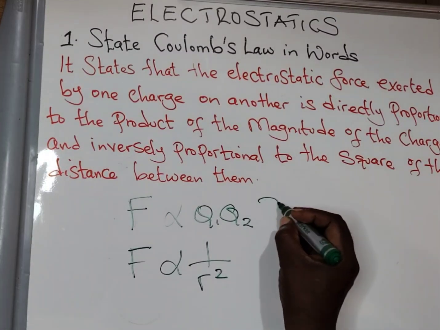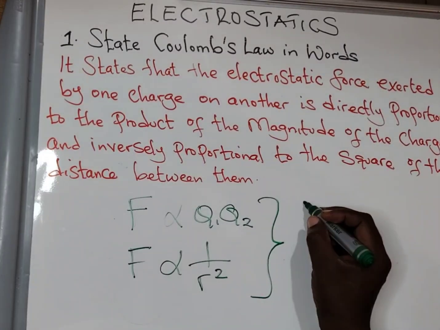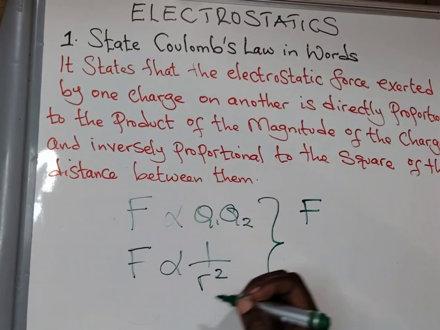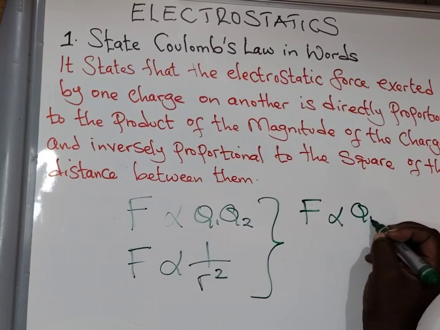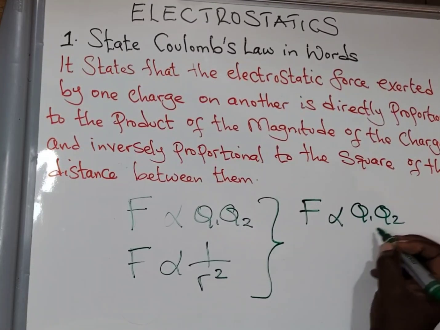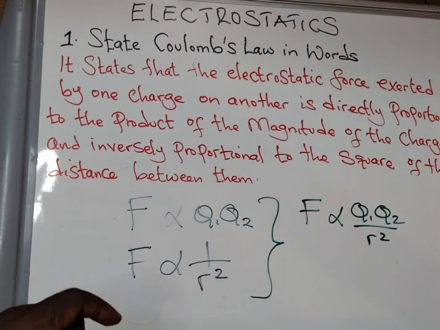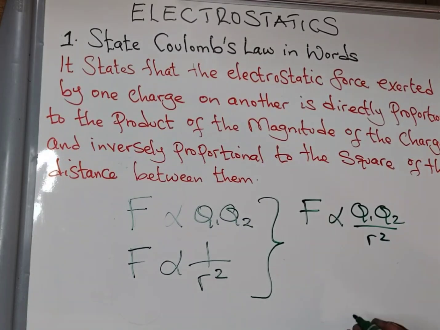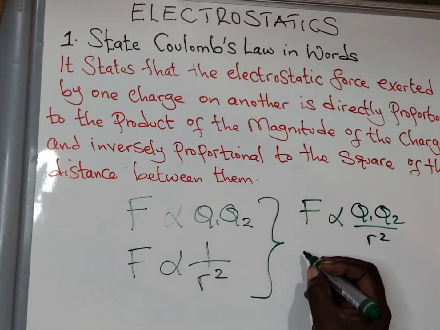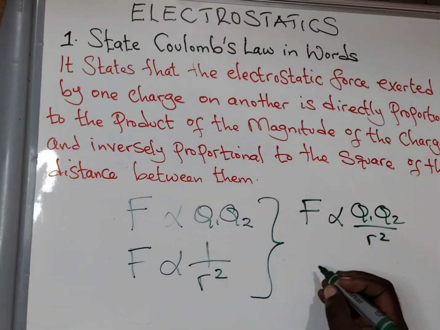So when you combine these two, this is what you get: electrostatic force being proportional to the product of the charges over the square of the distance. You have to remember that to remove the proportional sign, we introduce an equal sign, and to introduce an equal sign, you have to introduce a constant.